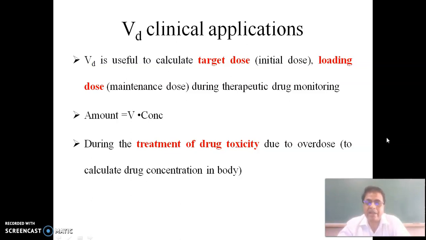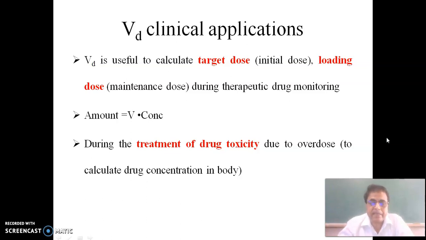Because we cannot identify the drug content in other body compartments, we can measure the drug content in the plasma. Based on the volume of distribution, we can calculate how much drug is there in the other compartments of the body. So based on that, we can calculate whether all the drug is removed from the body or not.